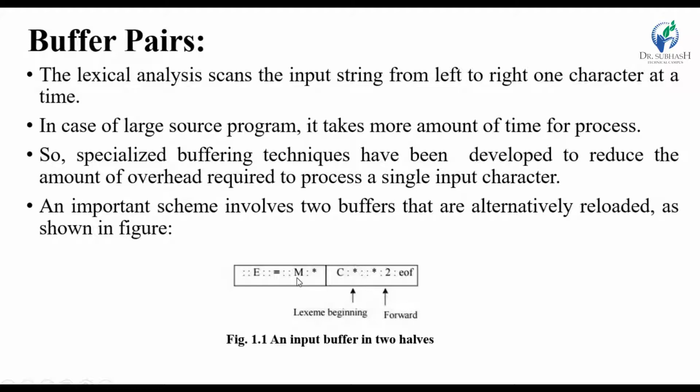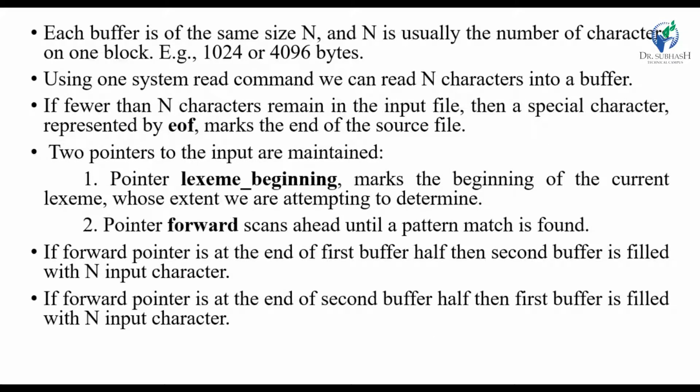In the buffer pair technique, each buffer is of the same size, and n is usually the number of characters in one block. If you use 4096 bytes, then it uses 2 raised to 12 characters in a single buffer. Using one system read command, we can read n characters into a buffer.